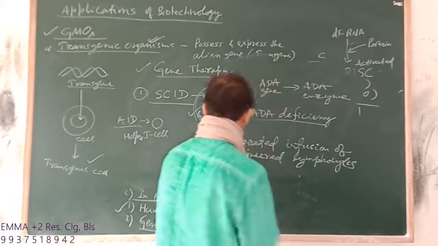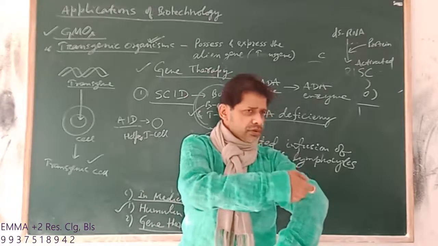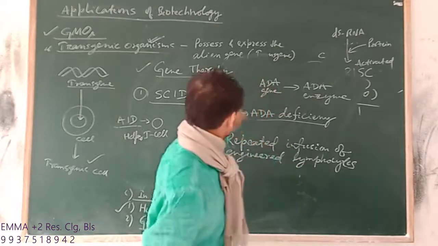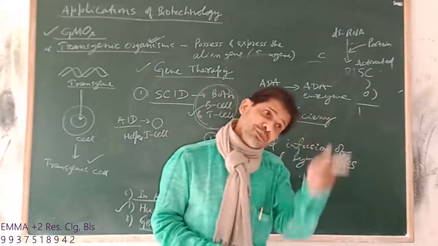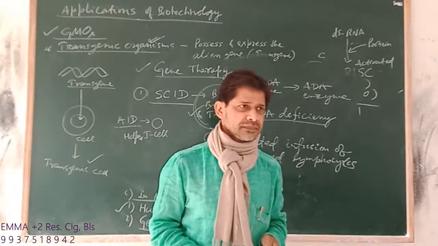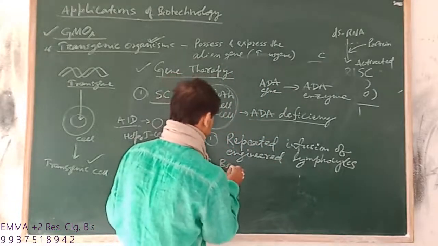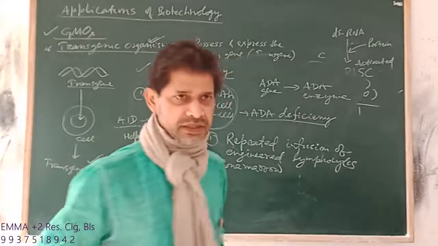Second choice, we can take out some bone marrow cells. Those produce B cells and T cells, and we engineer that bone marrow cell. Then bone marrow transplantation.